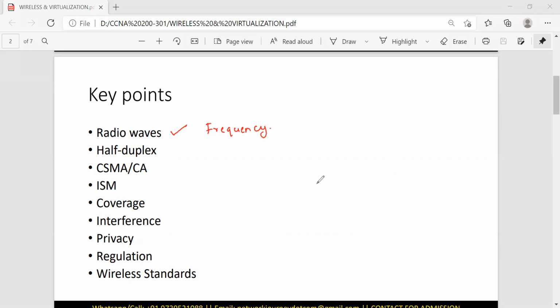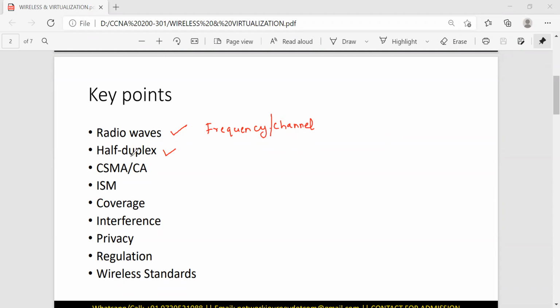For a wireless mechanism, you will see that you send and receive in the same frequency, which means we are using the same channel, because frequency can also be referred to as channel. If we talk on the same channel, then we cannot have full duplex communication. We have to have half duplex communication, that means one at a time.